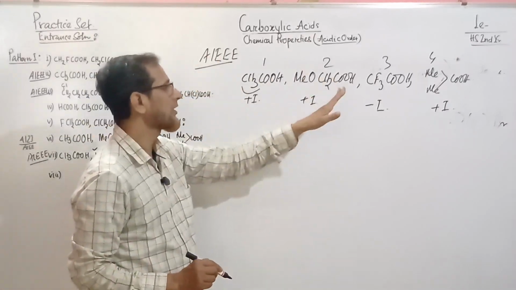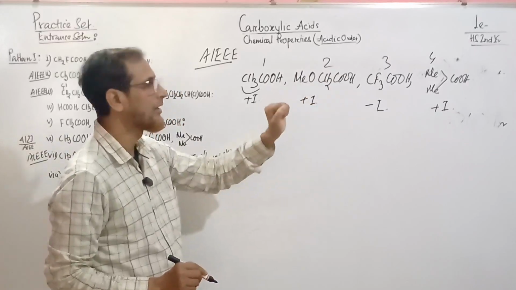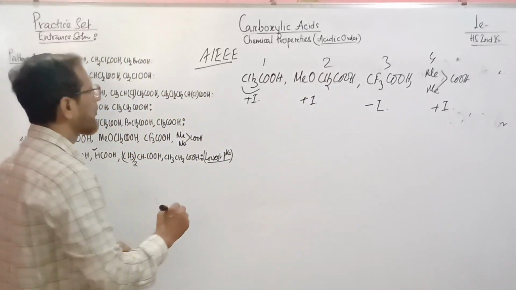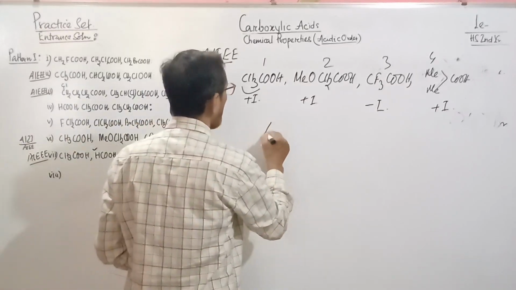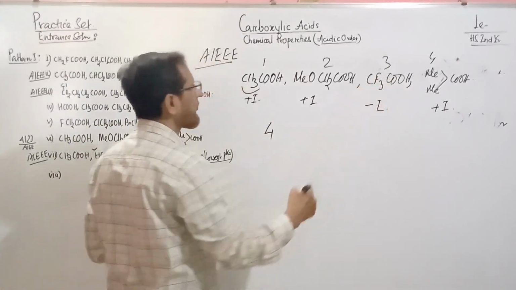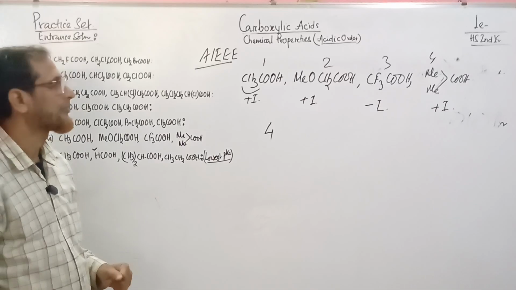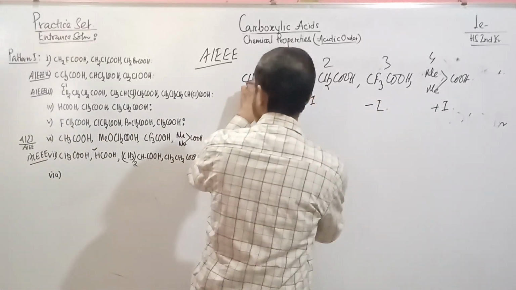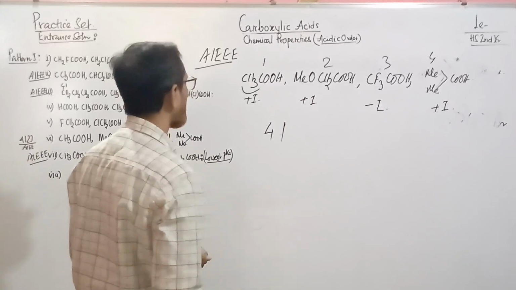So more the plus I group, less is the acidity. If you compare these two, out of this we'll find number 4 is the least acidic and number 1 is the second position.